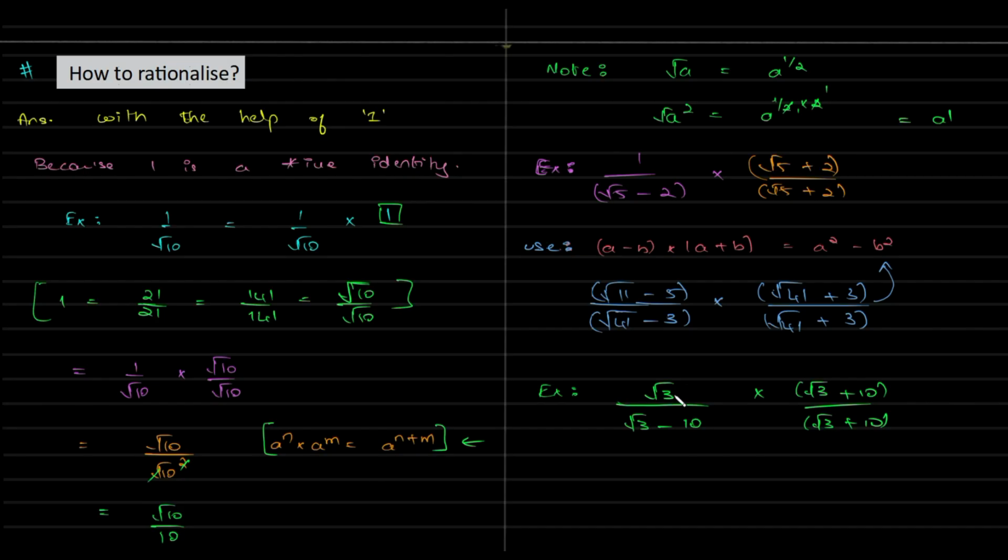It can be anything in the numerator. Look at the denominator, put brackets, take the same expression but change the sign. You get to use this particular formula, solve the math, and you're done. So this is the process.